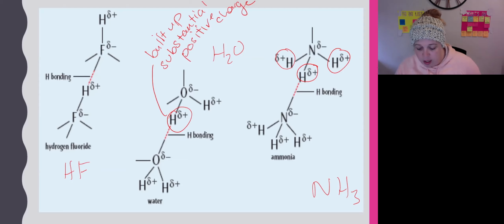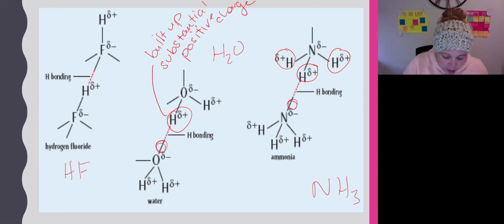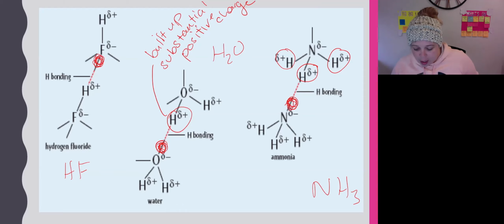The hydrogen atom is therefore attracted to the non-bonding electron pair of the F, O, or N on another molecule nearby. All of these you can see here are the lone pairs for the nitrogen, the oxygen, and the fluorine, and that's what we're attracted to.